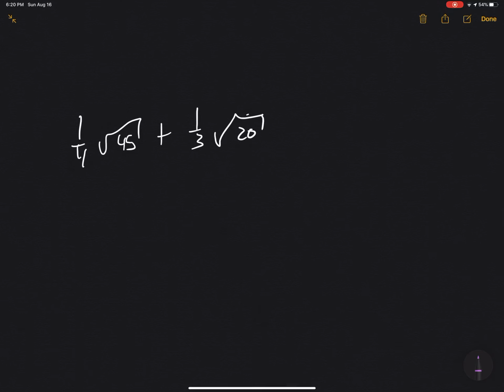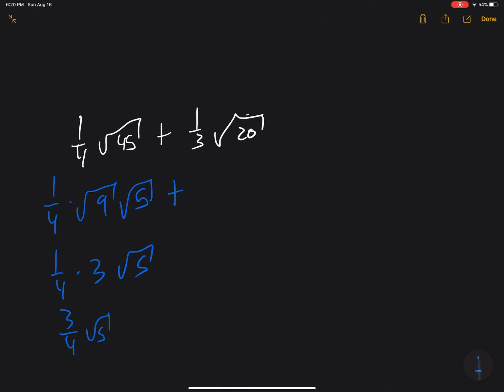Now, one that's a little more challenging just because it includes fractions. 1/4 root 45. I see immediately that that 45 has a 9 in it. So I can say this is equal to 1/4 times root 9 root 5, 1/4 times 3 root 5, or 3/4 root 5, plus 1/3 root 20.